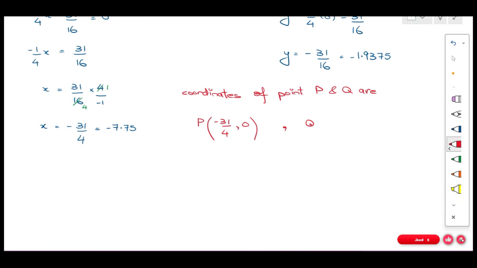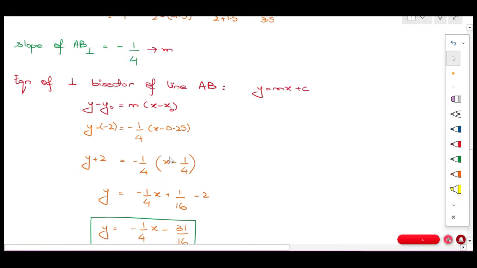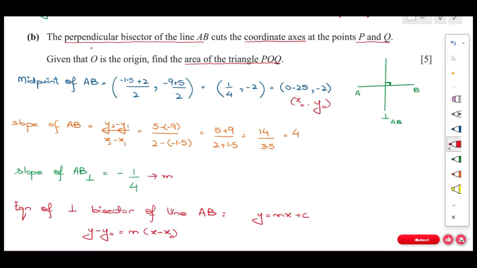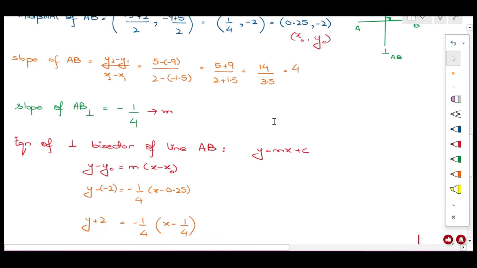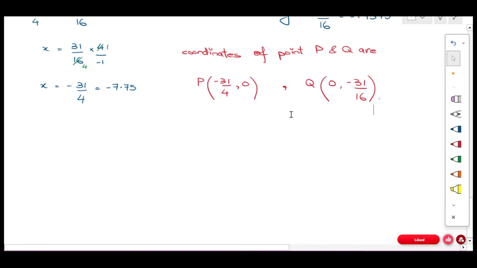For the coordinates of Q, the x coordinate is 0 and the y coordinate is minus 31 over 16. Now we have the coordinates of P and Q, go back. The perpendicular bisector of the line AB cuts the coordinate axes at the points P and Q, right? So we have done this. Given that O is the origin, find the area of the triangle POQ. So we need to find the area of this triangle POQ.